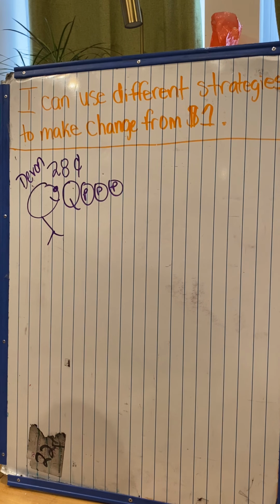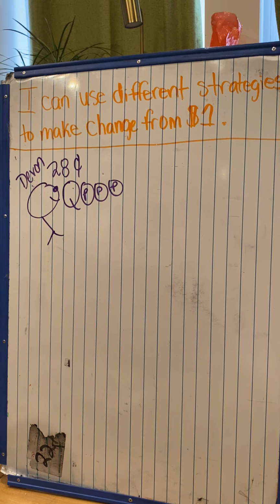All right, now I want you all to think about a number sentence to represent how much I have left. So again, I started with $1. We're making change from $1. I give Devon 28 cents.